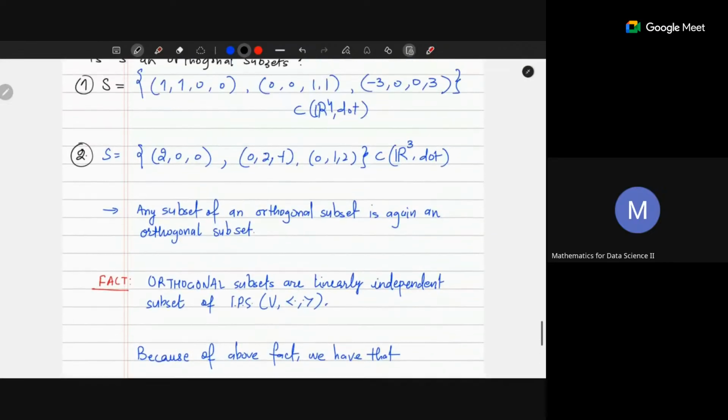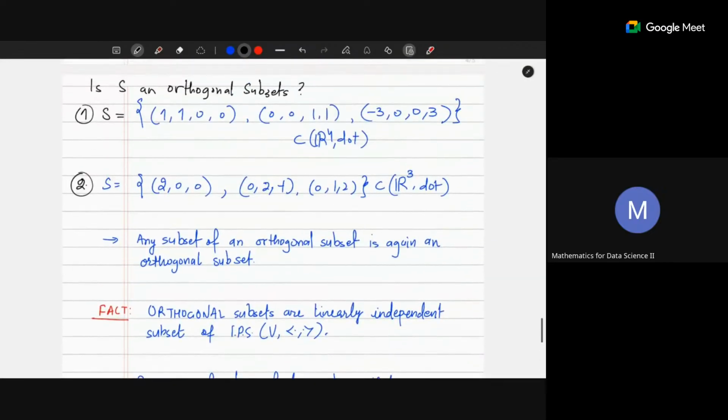In our case, this option 2 is a minimal spanning set. Why is it minimal spanning? For spanning, they need not be linearly independent; they span if any vector can be written in terms of these three vectors.